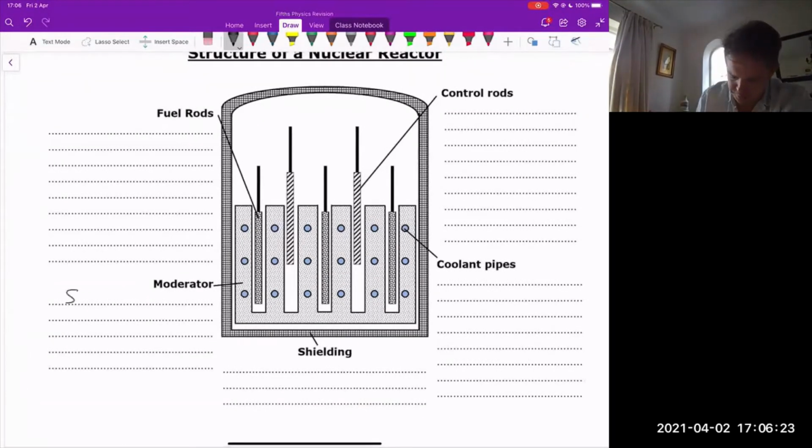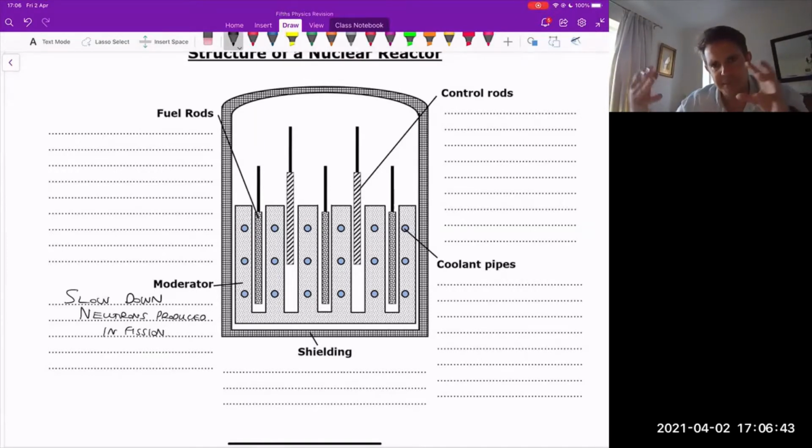The job of the moderator, you'll remember, is to slow down the neutrons produced in fission, because that means that they're more likely to then be absorbed by a uranium nucleus, then cause more fission.